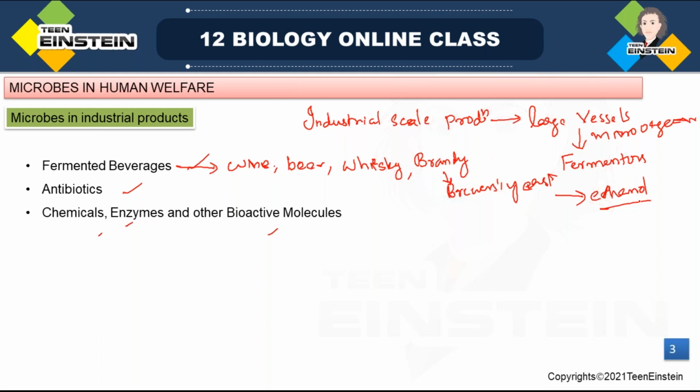Then there are different types of these beverages. In wine and beer, you can see low alcohol percentage, the alcohol concentration is very less. So these are produced without distillation. Okay.